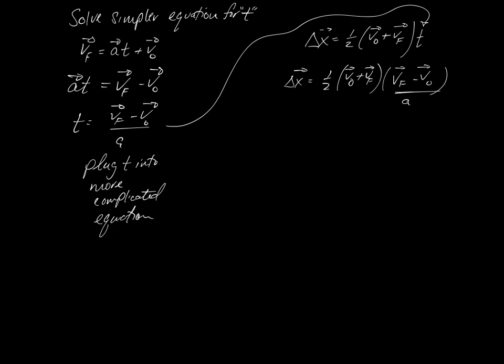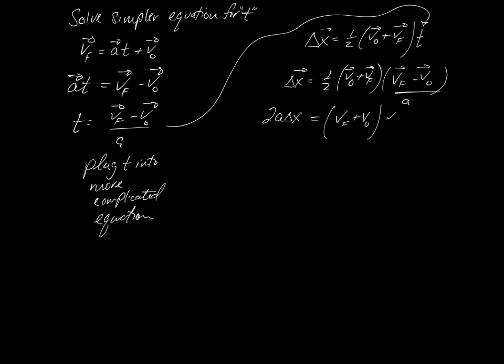Okay, so I'm going to multiply both sides by 2, multiply both sides by A, and I get 2a delta x equals v naught plus v final. Let me write that a different way. How about if I write v final plus v naught? So I've switched the order of these.